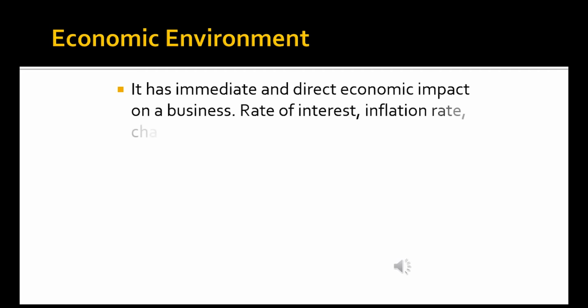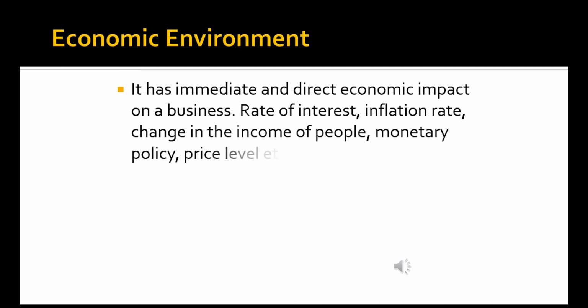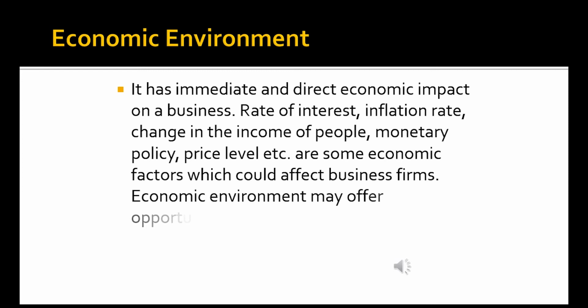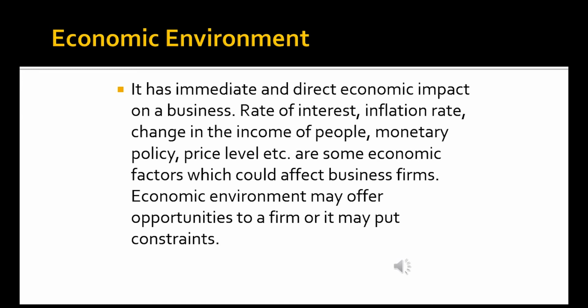They are rate of interest, inflation rate, change in the income of people, monetary policy, that's a policy of the banks, the RBI, the price level, etc. These are some economic factors which could affect business firms.